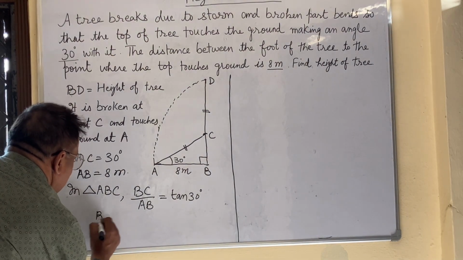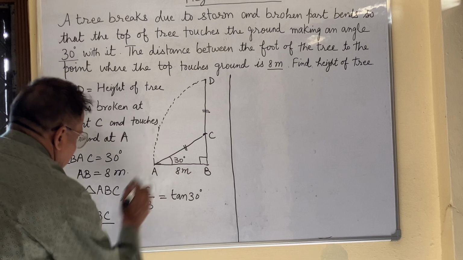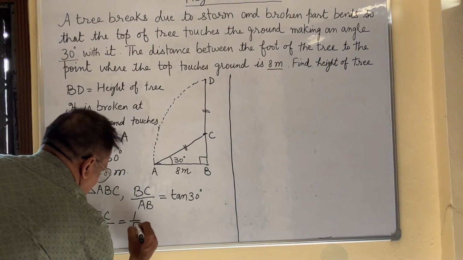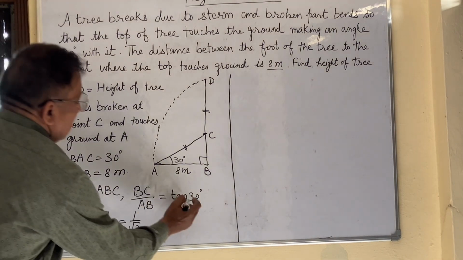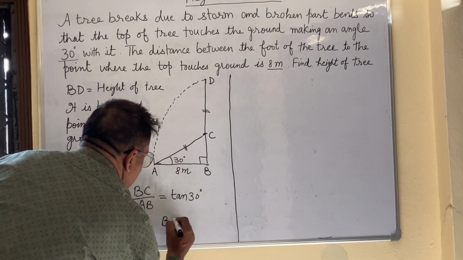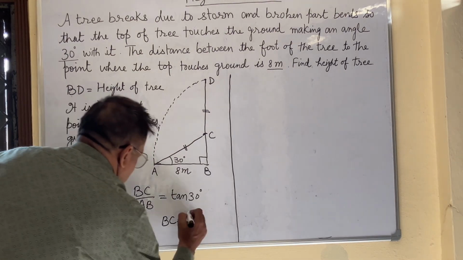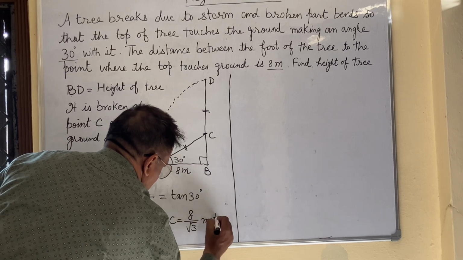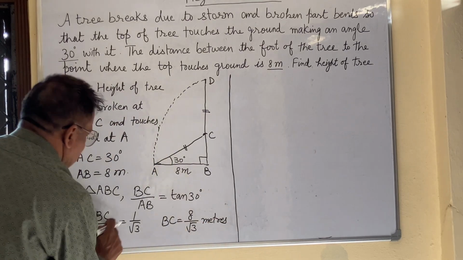BC is not given, but AB is 8. The value of tan 30 degrees is 1 upon root 3. It means BC will be equal to 8 upon root 3 meters.